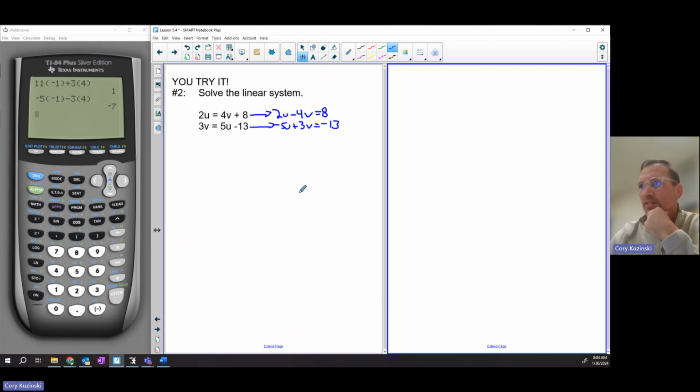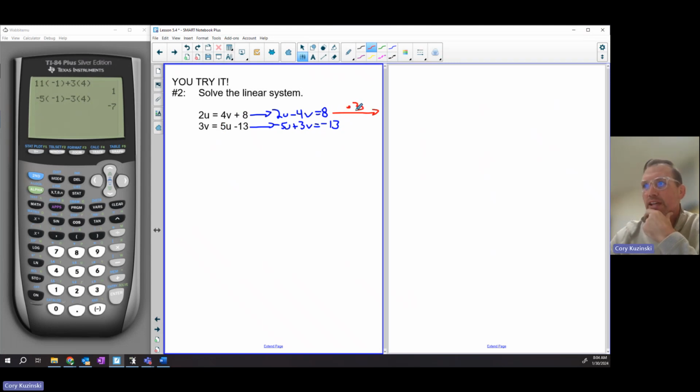Here's what I'm going to do. I'm going to add myself another spot here. Let's do this. Let's multiply this by 3, and if we multiply this by 4, then I'll have -12v and +12v, and those will cancel each other out. Okay, so yeah, let's do that.